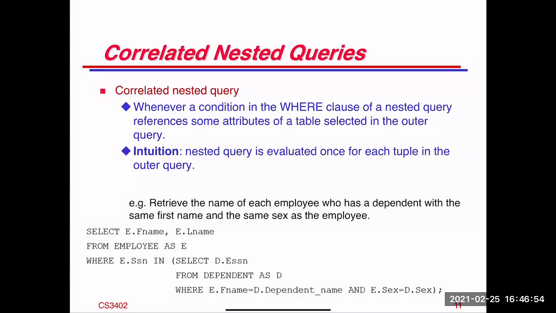So this is how we can make that work. And note that here we're using these aliases, right? So we're selecting in the outer query from the employee table, which we're going to abbreviate as E. So then E dot refers to attributes of this specific instance of the employee relation.